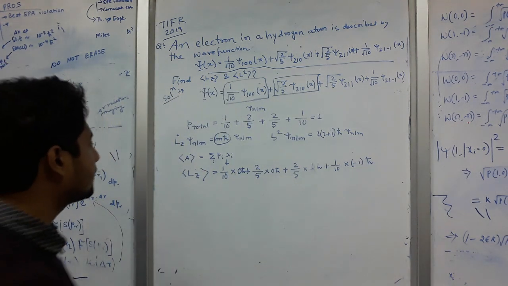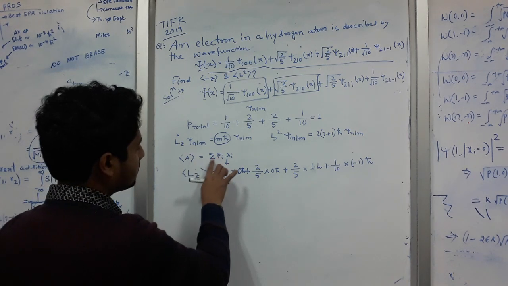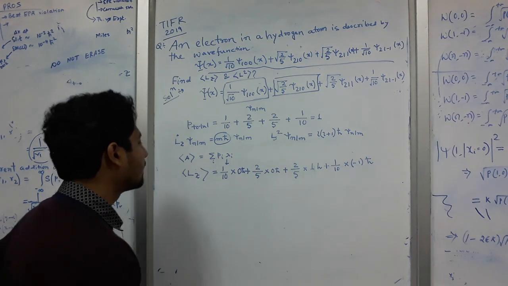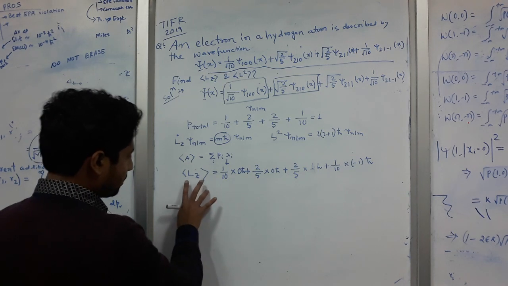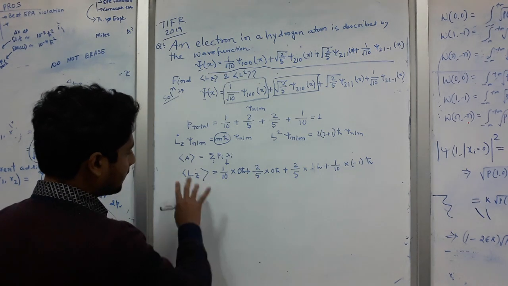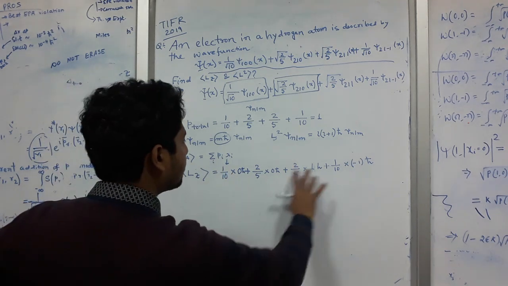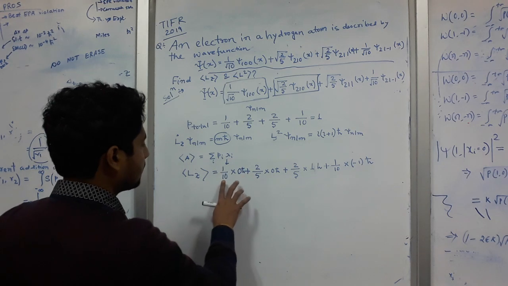I will explain it again. Here what I have done is, I know the expectation value is the sum over probability multiplied by the eigenvalues. So I apply this for Lz. So the expectation value of Lz is equal to the sum over, so I break this sum into 4 parts, the sum over pi into lambda i.